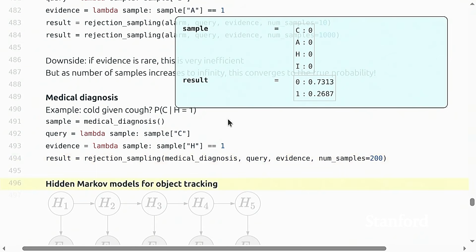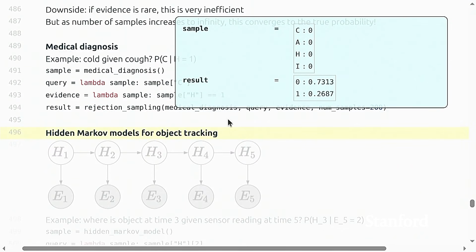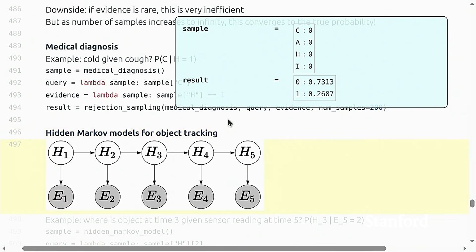Here's another fancier example, and it shows you the power of probabilistic programming, or the succinctness. So there are these things called hidden Markov models. They kind of look like this. They can be used for object tracking. So imagine there is some object and H1, H2 represents the position of that object at successive times. And then you don't see the object position.